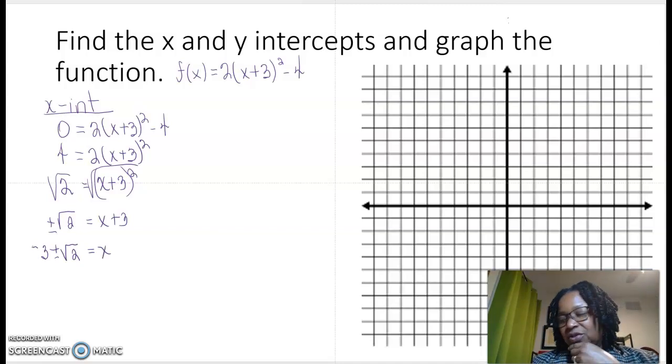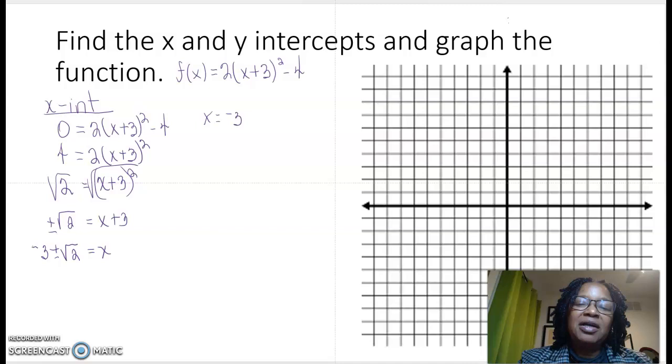You can put these values into your calculator just to get an approximation of what they are. So if we type this into our calculators, x will be equal to -3 minus square root of 2, or x will be equal to -3 plus square root of 2.